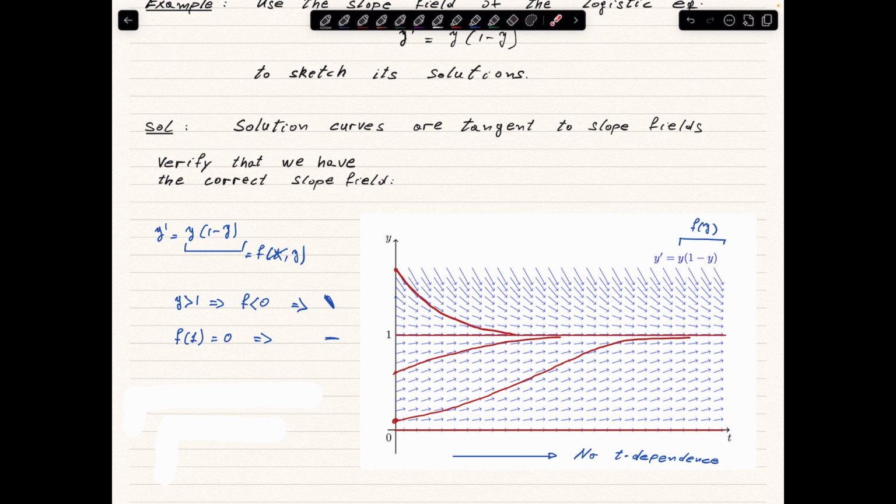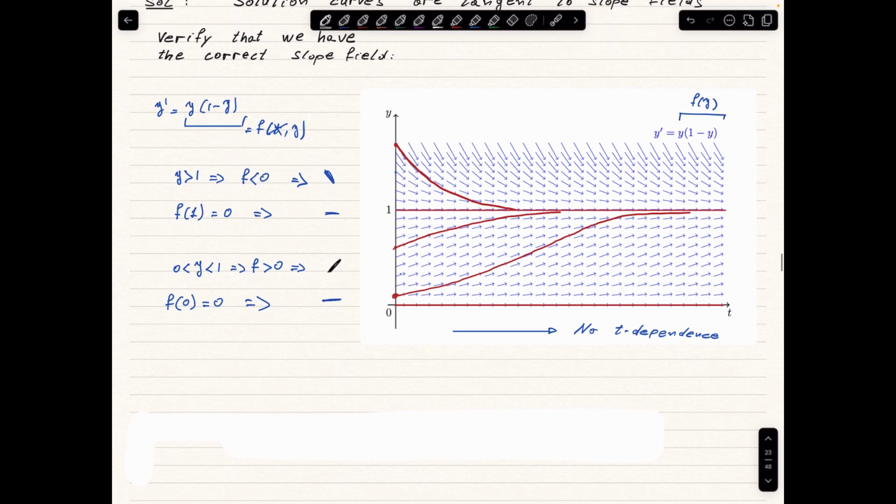And this is what we got. And at y equals 0, we should also have horizontal slopes, and we got them. And in between 0 and 1, we should get positive. Why? Because between 0 and 1, this factor is positive and this factor is positive. So the result is positive. So it matches the graph, so we are pretty confident that this is the graph.